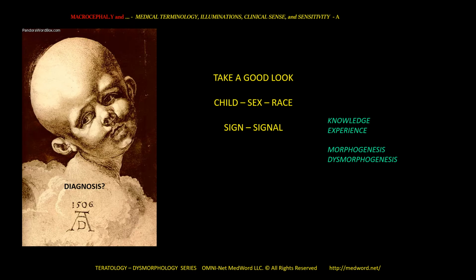And furthermore, how much experience and knowledge do you have about seeing alterations or signs of altered morphogenesis, that is, dysmorphogenesis? In a way, this should give you a sense of how reliable your judgment or your proposition is.